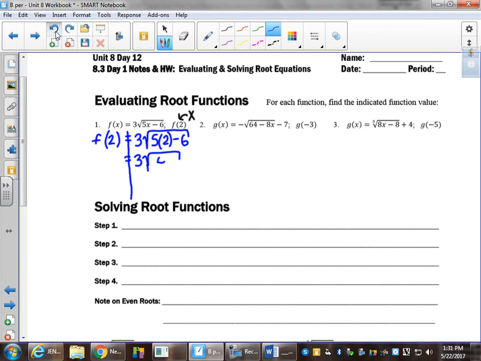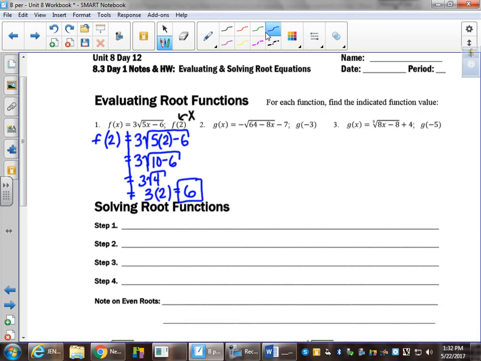If it helps to actually write out 10 minus 6 first, do that. Both are right. Either way, you will get to 3 times the square root of 4. We all know that the square root of 4 is 2, so this becomes 3 times 2, which is 6. And we're done.